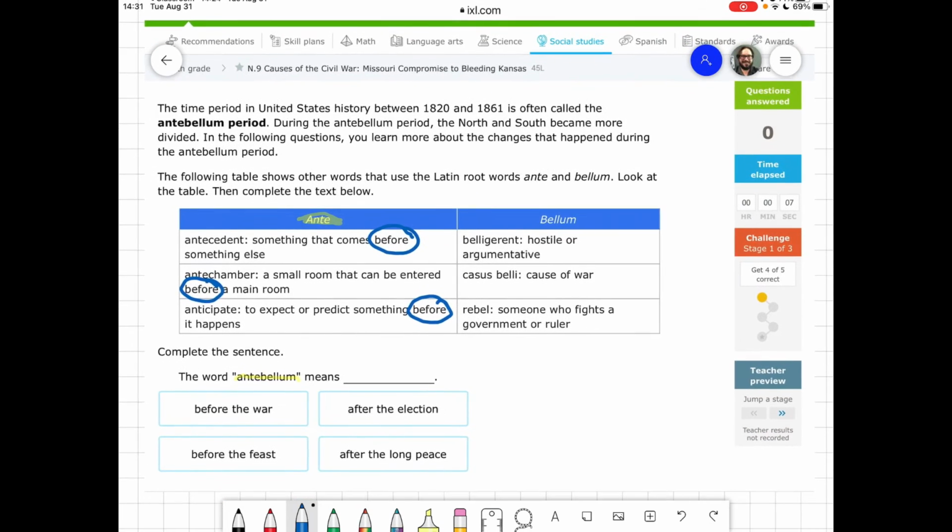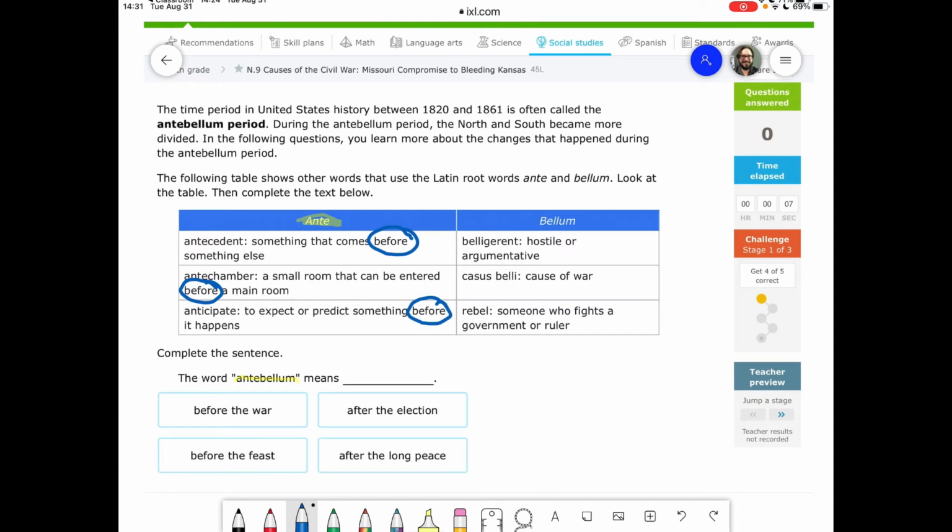So, based on the information in that part of the table, we know that the word ante means before. Or the root ante means before. Now let's take a look at bellum, which we see in this column here.